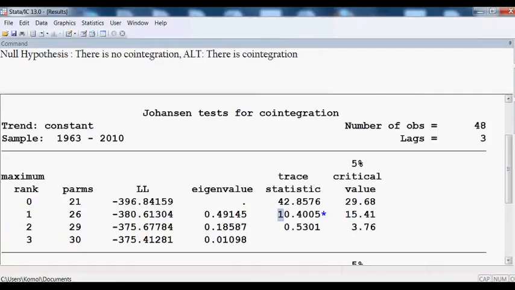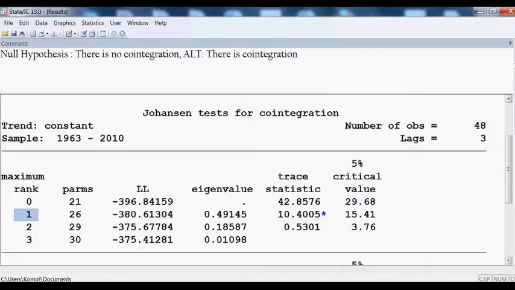Okay, here the trace statistics 10.4 is less than the critical value 15.41, so we cannot reject the null hypothesis. Rather, we accept the null hypothesis, meaning that there is one co-integrating equation, or there is one error term.